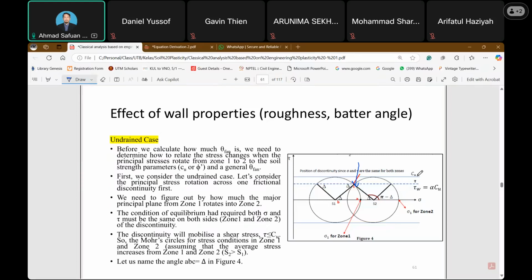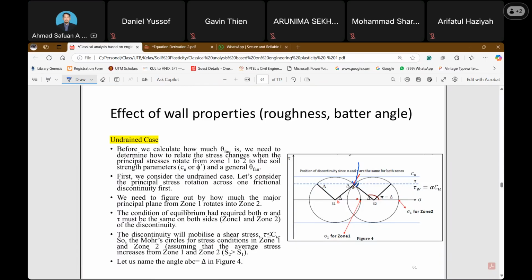As I mentioned, this is the equilibrium between zone 1 and zone 2. So the discontinuity will mobilize a shear stress which is less than the CU. So the Mohr circle for stress conditions in zone 1 and zone 2, assuming the average stress increase from zone 1 to zone 2.